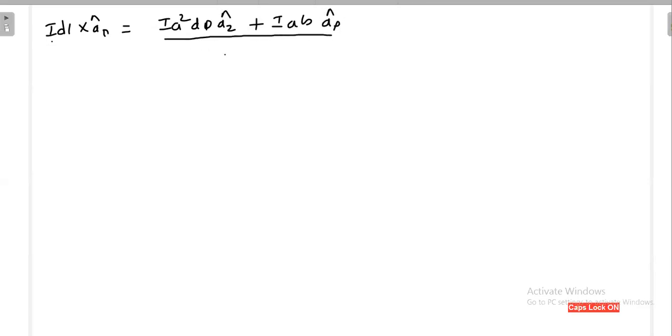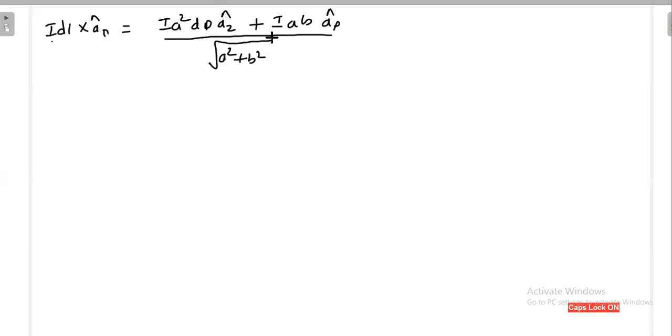So what is the final value? The dl cross a_R cap final value is I a square dφ a_z cap plus I a b a_ρ cap, divided by a square plus b square.